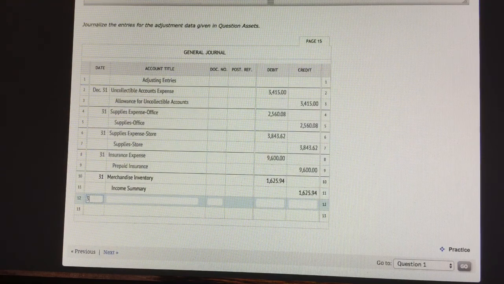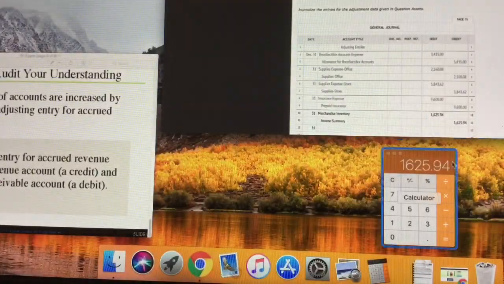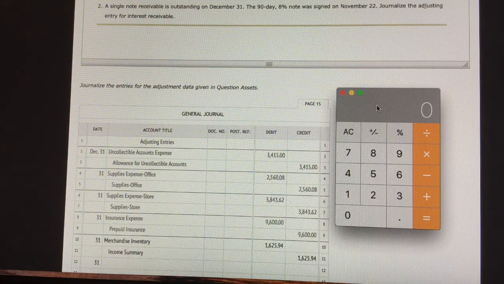The second journal entry that we're going to be doing is the interest received on the note. So we have a 90-day note, 8% interest, signed on November 22nd. So we need to journalize the adjusting entry for this interest. We're going to clear out our calculator. First thing we need to do is figure out the amount.